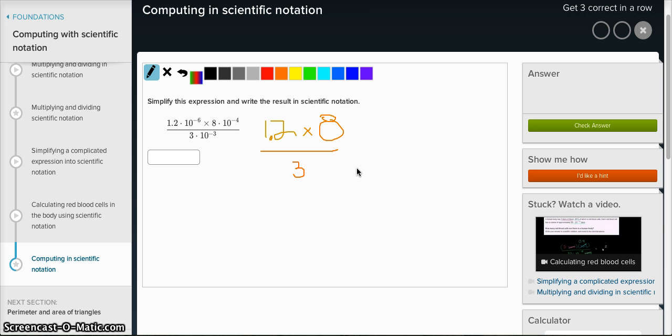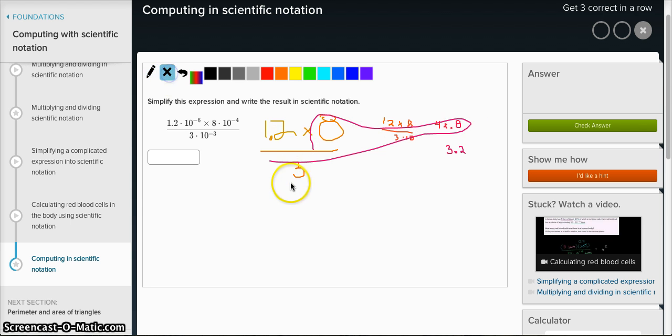So what does this equal? Okay, I know that this equals, I'm just going to calculate this in my head really fast. Right over here, 12, 8, it's going to be 3.2.